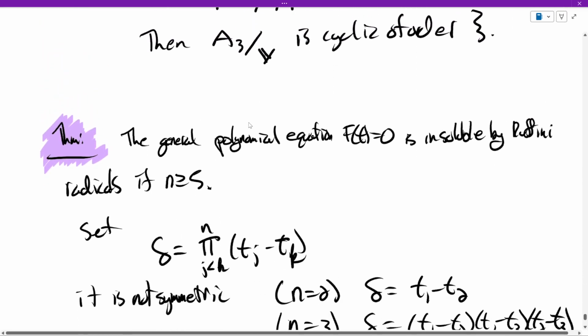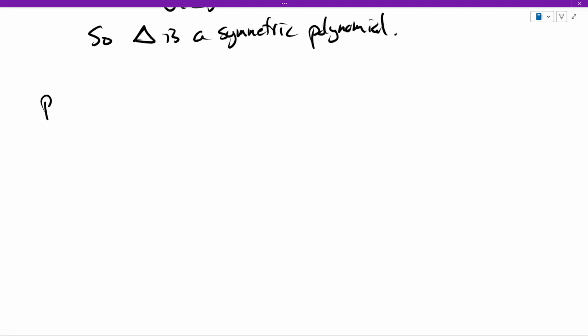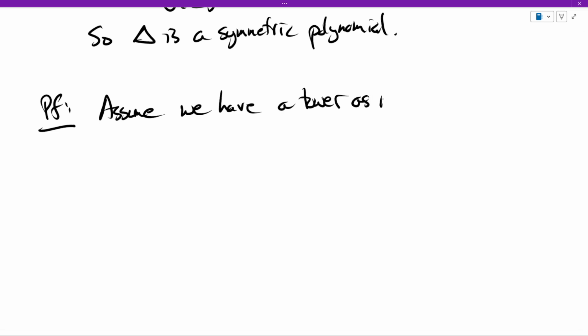Let's prove the theorem: the general polynomial equation is insoluble by Ruffini radicals. Proof. Assume we have a tower as in the definition, where all the n_j are prime.